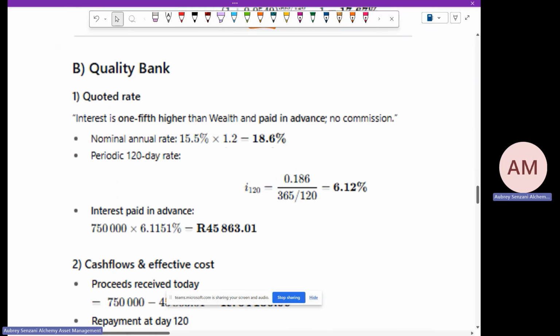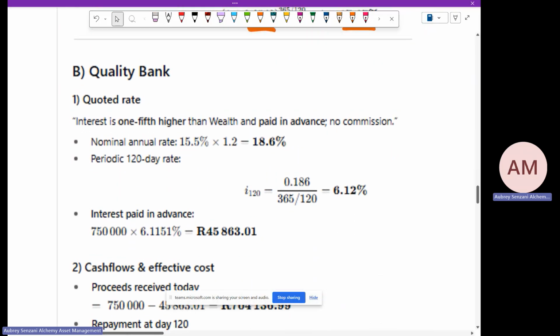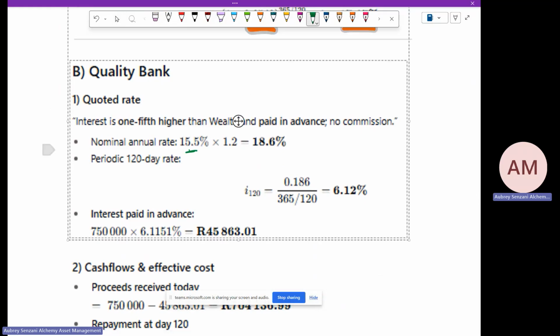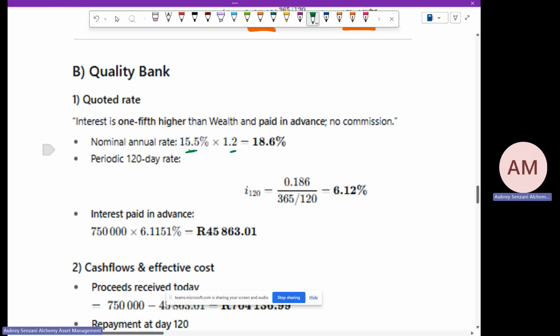So there you can see 1/5 is 20%, right? So we take that 15.5 times 1/5, and we're getting 18.6. But again, this is for 120 days, isn't it?